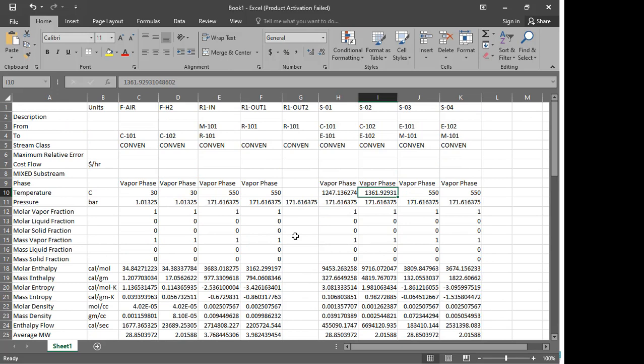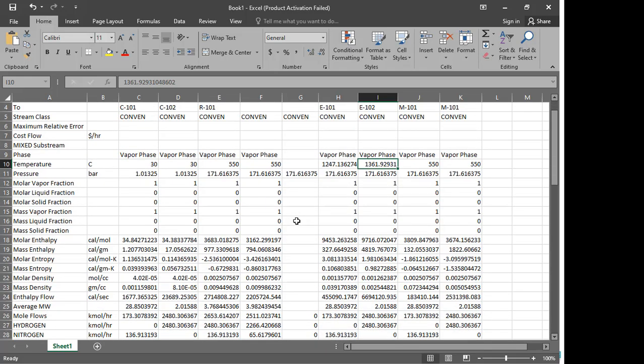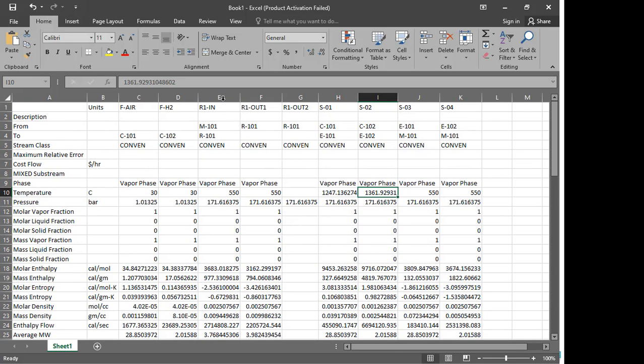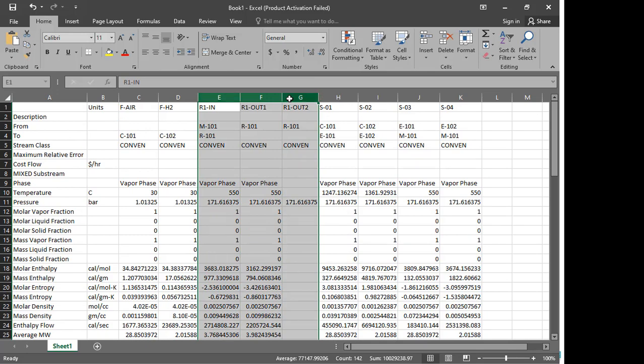So how to calculate the reactor equilibrium? You can just go to the reactor detail. In here, the reactor outlet, there are two reactor outlets, 1 and also 2.